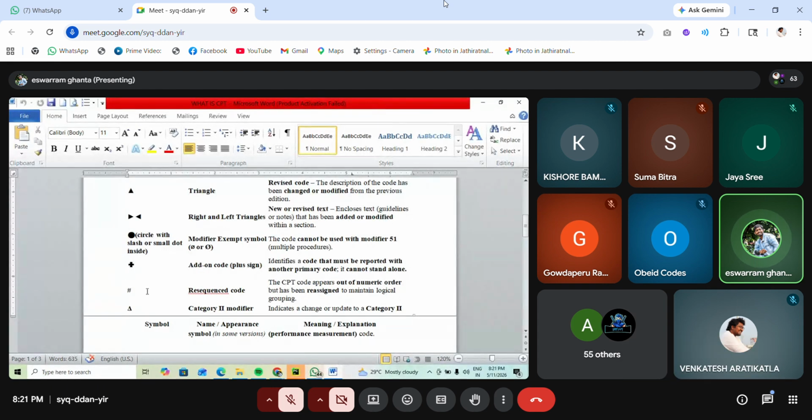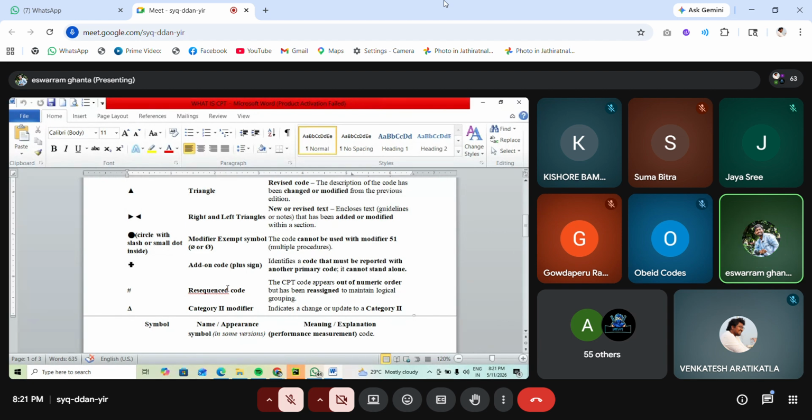This add-on code and resequenced code, these two things are very important for you. Resequenced in the sense, what is a sequence of numbers, 1 2 3 4 5 6 like that. But in some code sequencing, what happens is, I will tell you one example. 10012 is there.